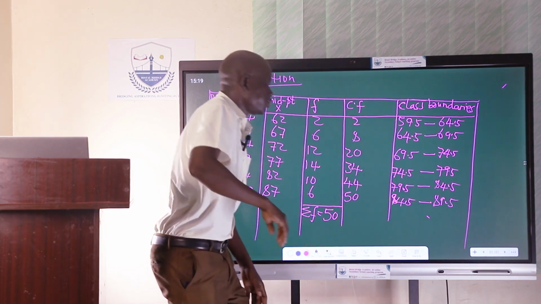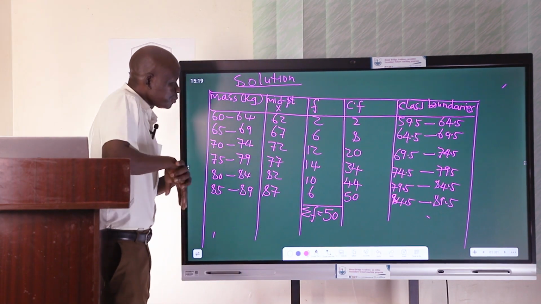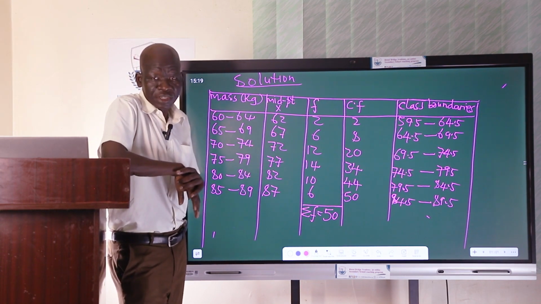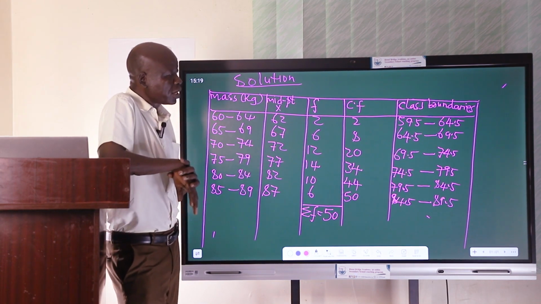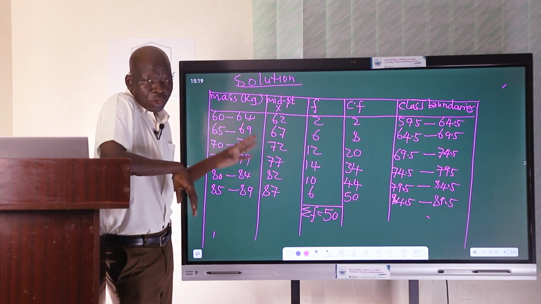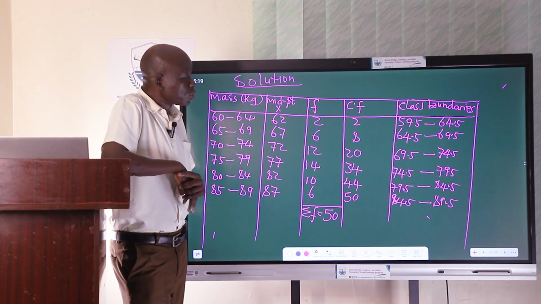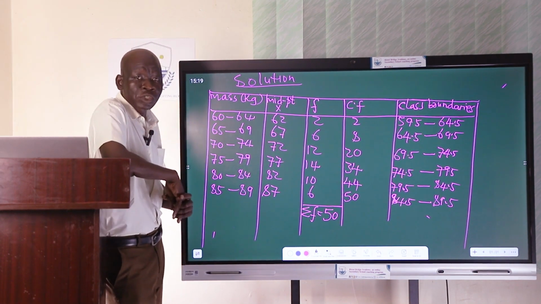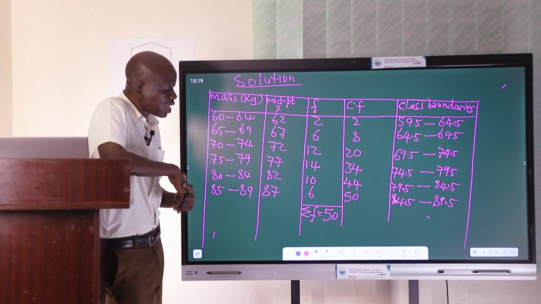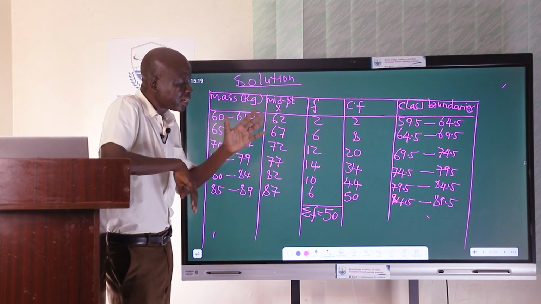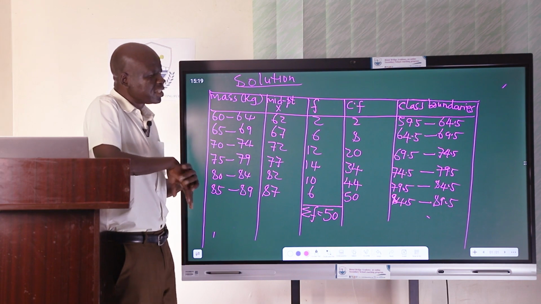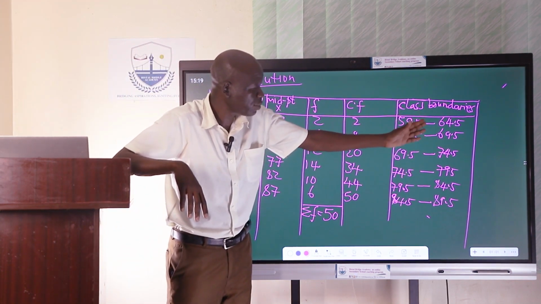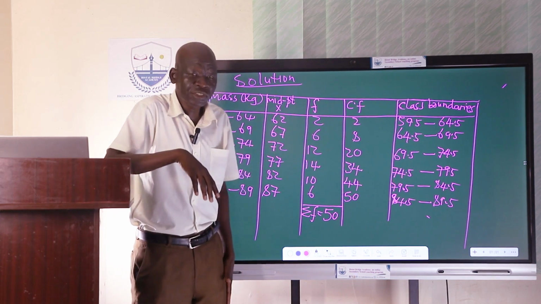So after that, these values are going to be represented graphically. We are going to plot now these values on a graph. So the graph that we plot here is the graph of cumulative frequency against the class boundary values. But these class boundary values, when we are writing them, we consider upper class boundaries.